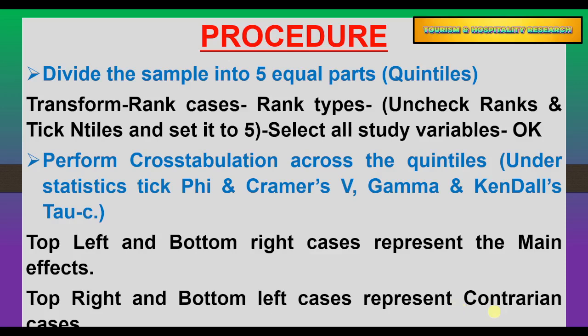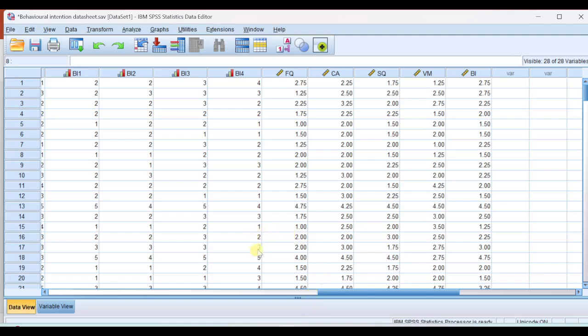So now let us go to SPSS and find out how to do this practical procedure. So here we are in our data sheet. I already told you in the previous video how you can take out the arithmetic mean of food quality, cultural authenticity, service quality, value for money, and behavioral intention.